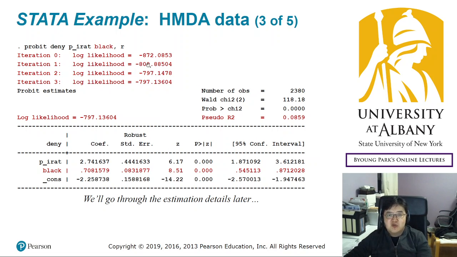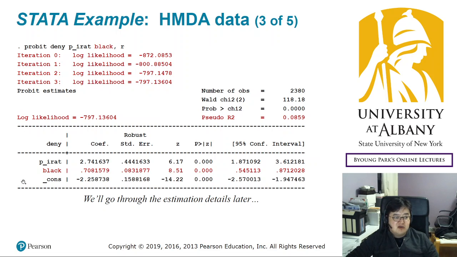And implementation with multiple regressors is no different. Remember, when you have a regression model, you used to write regress, deny, PI ratio, black, comma, robust. Same thing, replace regress with probit. So probit deny on PI ratio, black, robust.